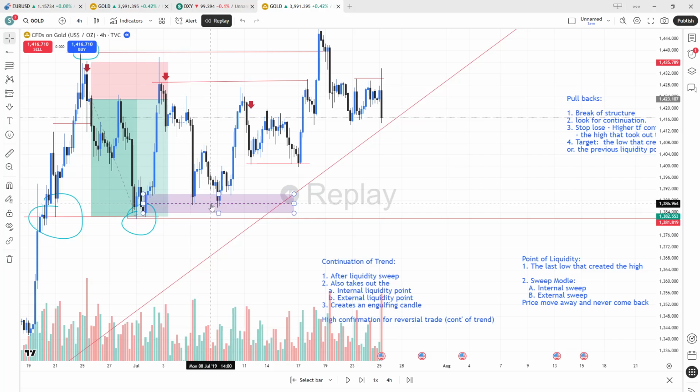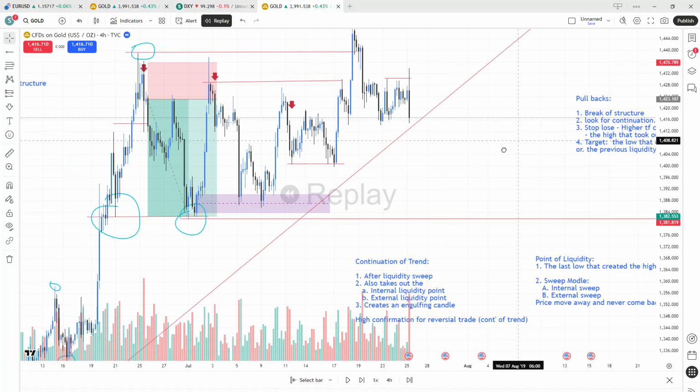Sweep. Again, this is the area, but then we do have a sweep. Internal sweep. We do have internal sweep, and then for price to continue, but this leg is still intact. And then this is the sweep, internal, external for that bearish move.